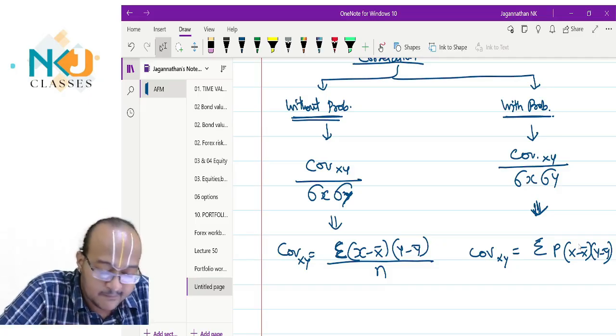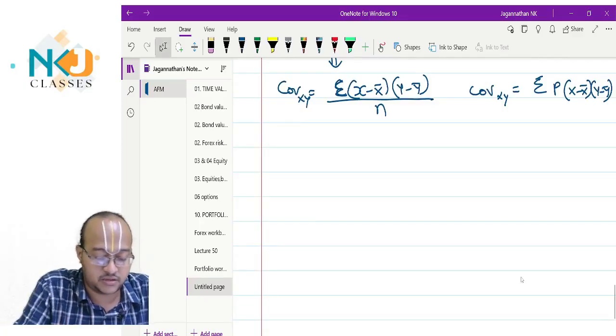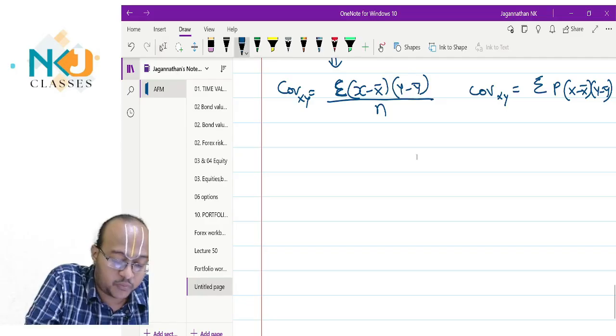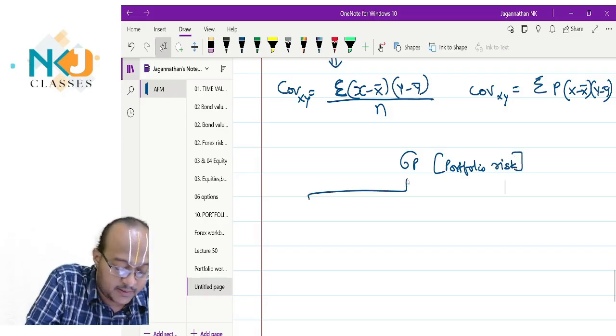No use. Okay. Next. Now see, because of this difference in correlation, our portfolio risk changes. What is the portfolio risk formula? We need to revisit. What is our portfolio risk?